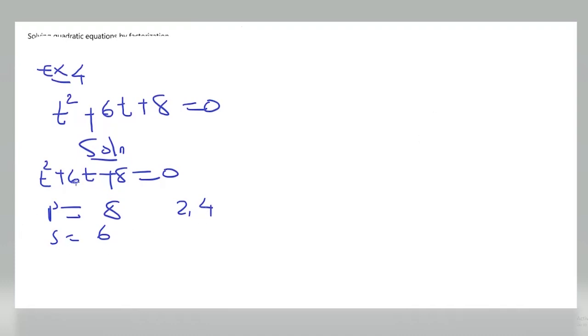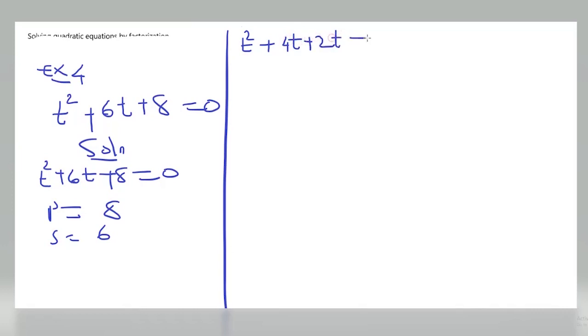So in this case, when I split 6t, I'm going to have 2t plus 4t. Now this one will be equal to t squared plus 4t plus 2t plus 8 is equal to 0. Therefore, we get t squared plus 4t bracket and plus 2t plus 8 bracket is equal to 0.